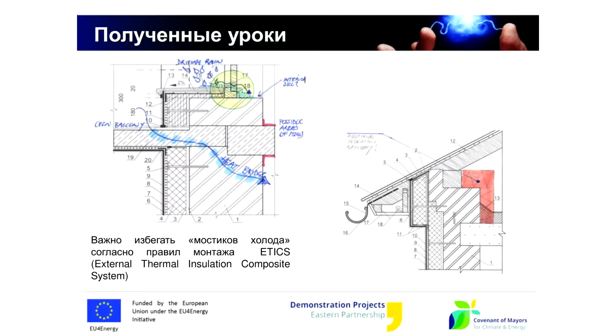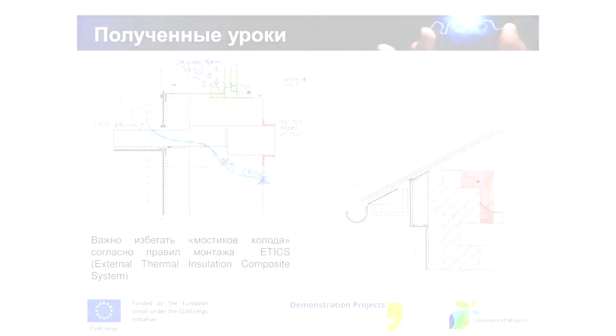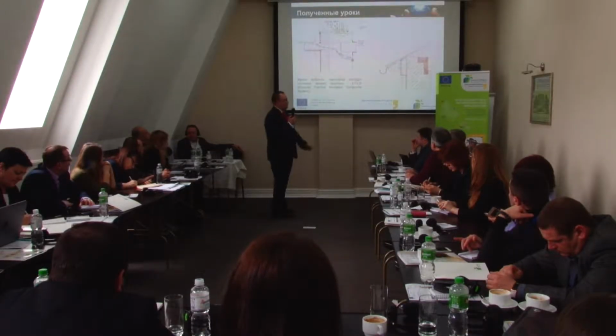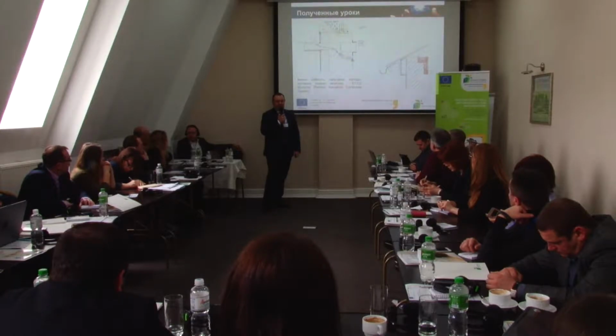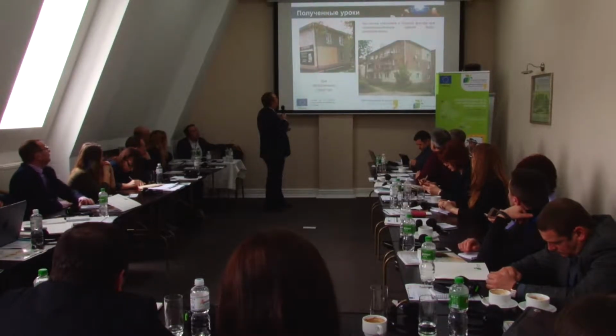The temperature here will be lower than in the rest of the areas in the building. There will be humidity here, and here we talk about a huge cold breach that will damage the construction and result in negative consequences.